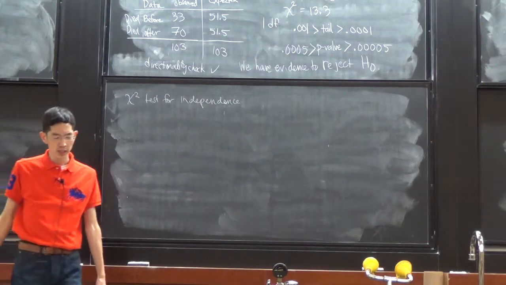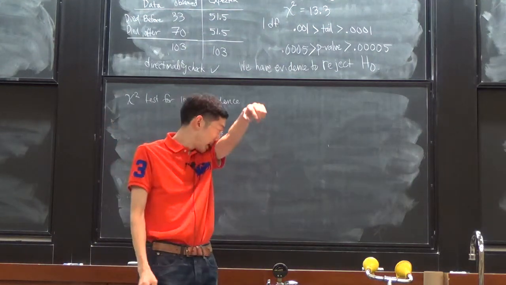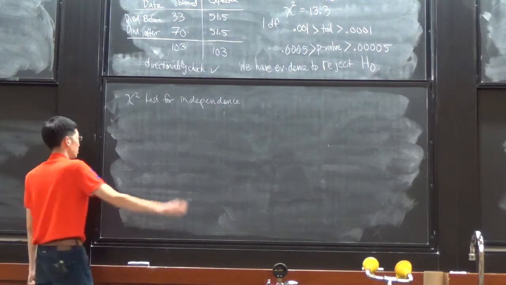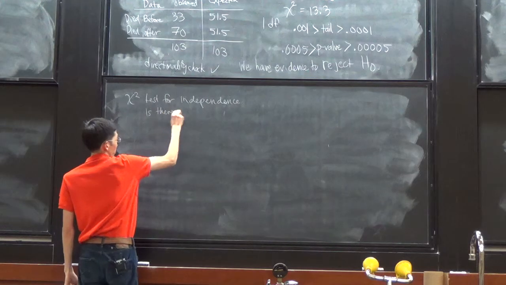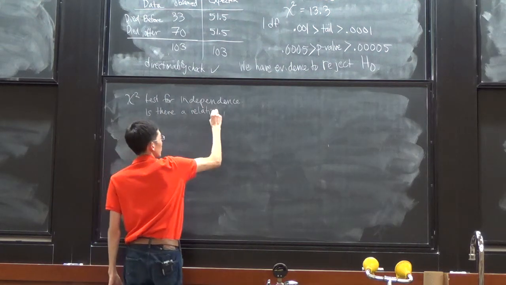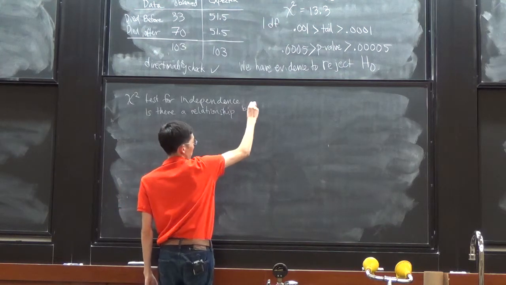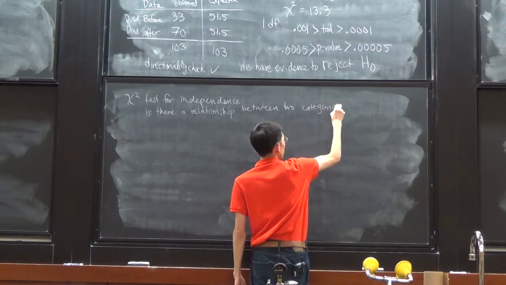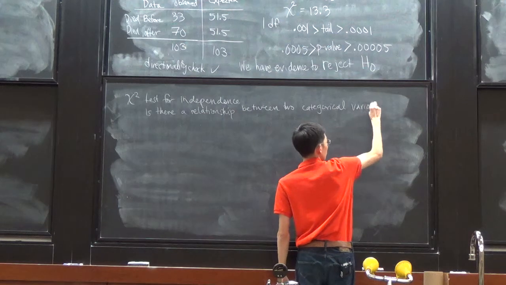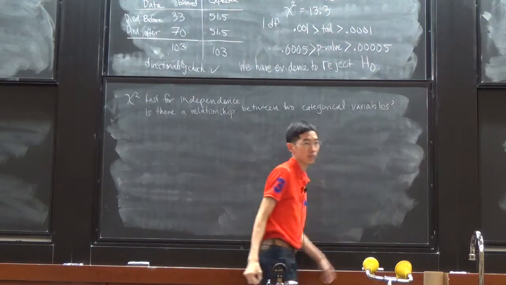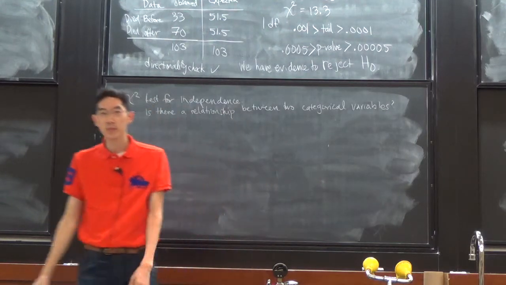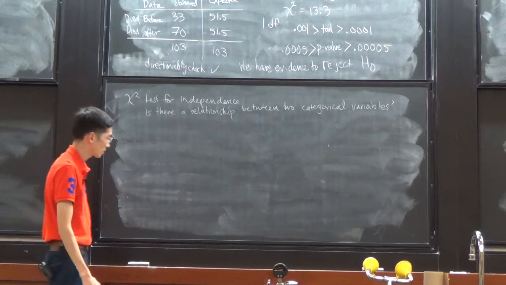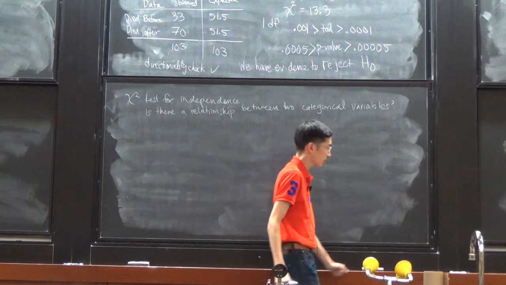And again, we have categorical variables, but now we are using the chi-squared test to see if there is a relationship between two categorical variables. Chi-squared test for independence.